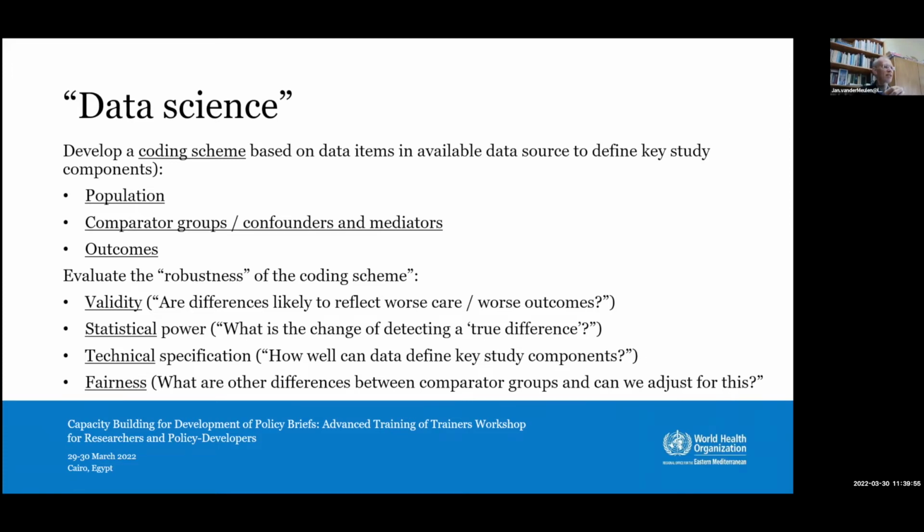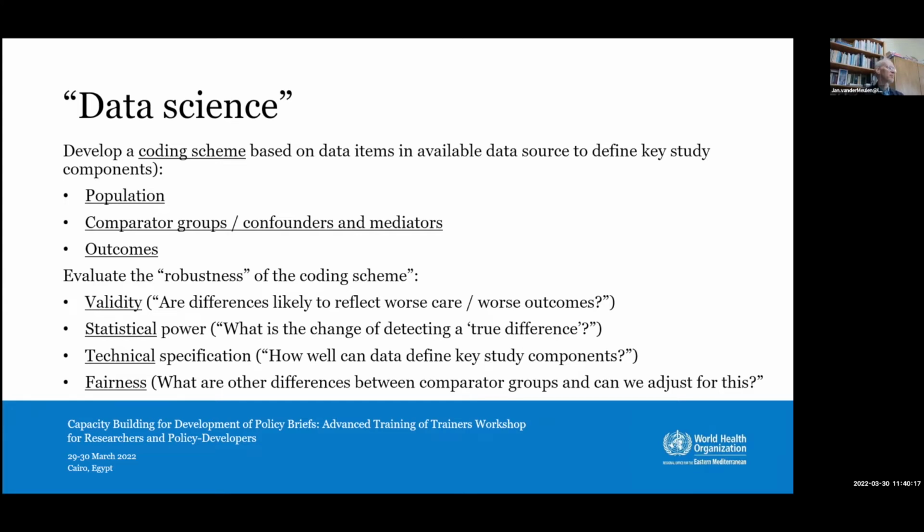You have to come up with data items that can help you to define and recognize the comparator groups. And you have to come up with data items that can allow you to identify patients that have particular outcomes, so that you can really analyze those data in an epidemiological context. And that's not always easy.